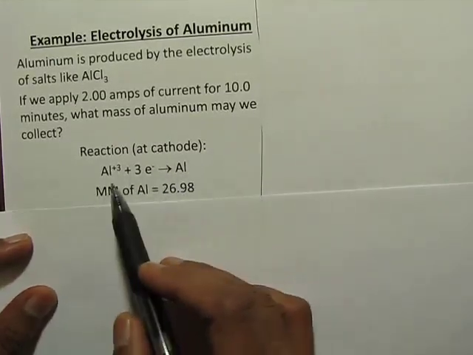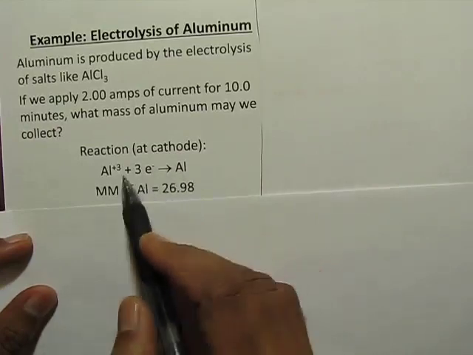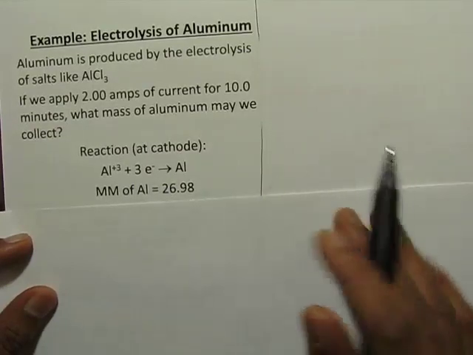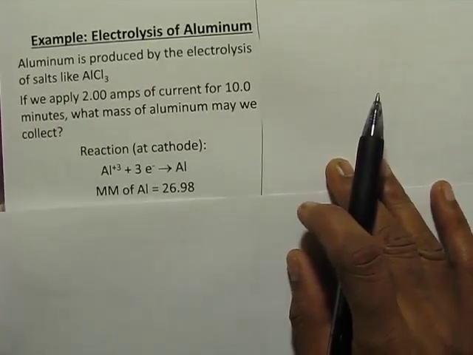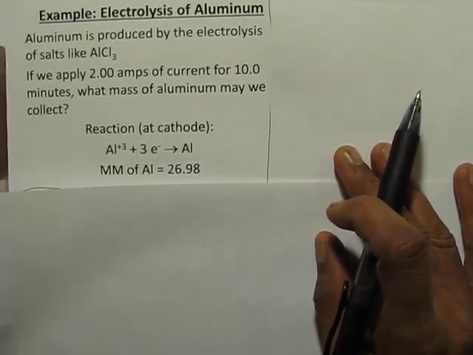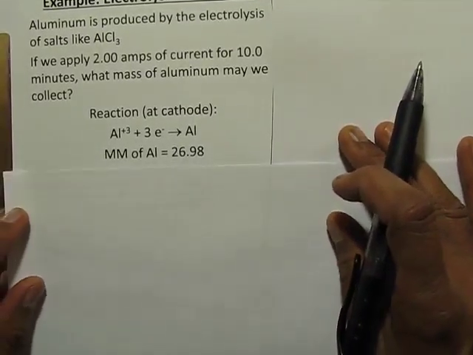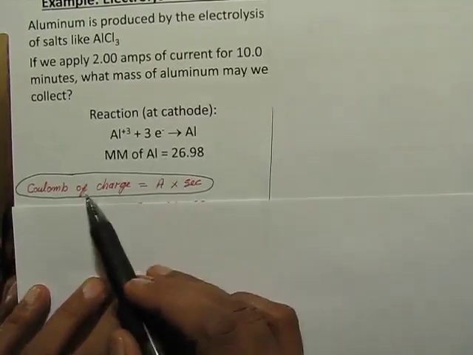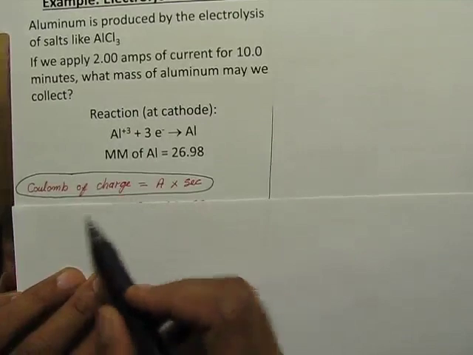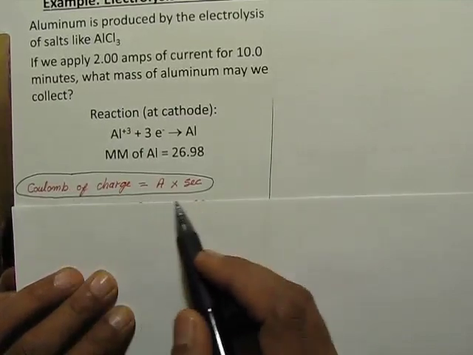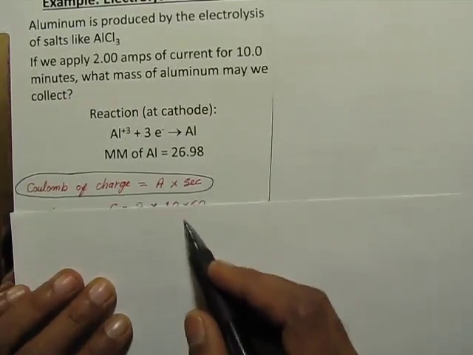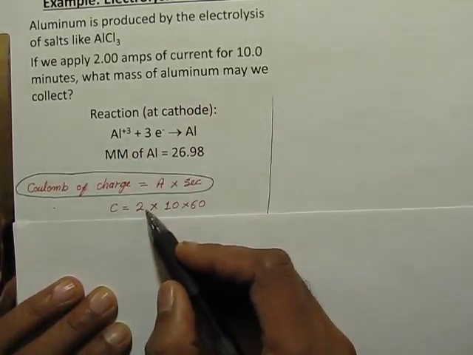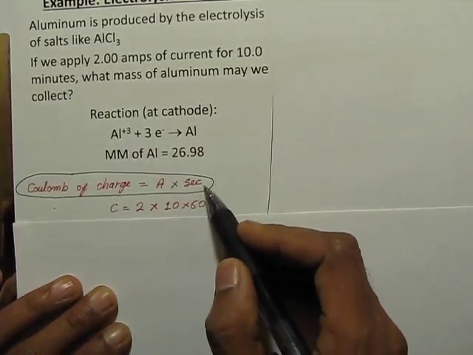The reaction at the cathode is a reduction reaction, and the molecular mass of aluminum is given as 26.98. We have to use those key relationships. First we have to find the number of charges by multiplying amperes, 2 ampere, by time in seconds.